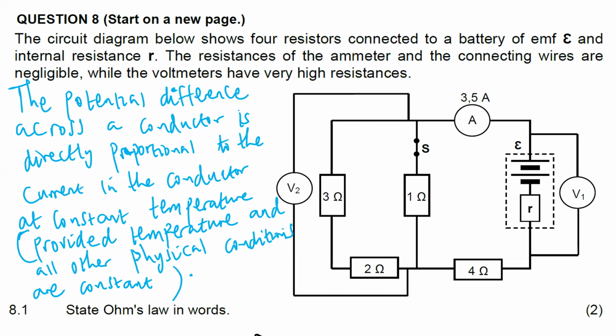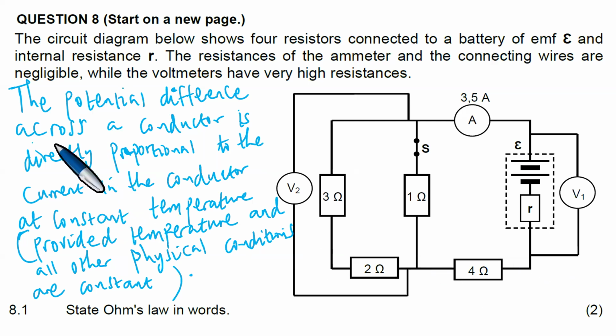This is Ohm's law. We repeat the statement to make sure we can remember it. We say the potential difference across a conductor is directly proportional to the current in the conductor. Watch the words potential difference across a conductor, because this voltmeter measures the potential difference across a conductor.